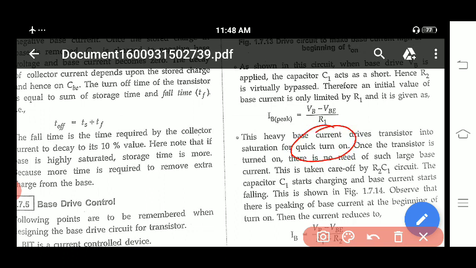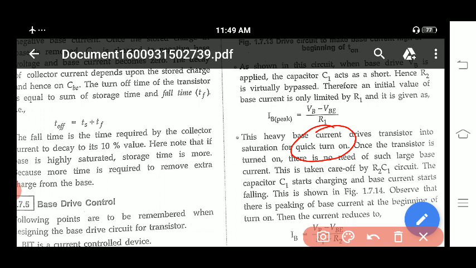Once the transistor is turned on, there is no need for such a large base current. So obviously it will decrease from IB peak to IB because your capacitor C1 is charged. This is taken care of by R2 and C1. From this R2 and C1, the current decreases from IB peak to IB.